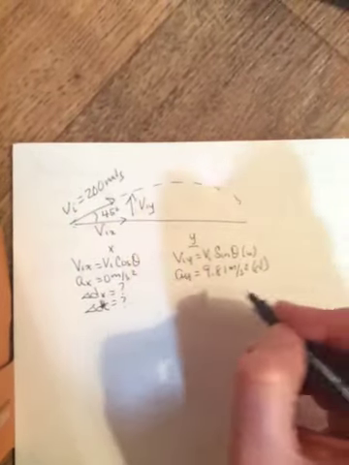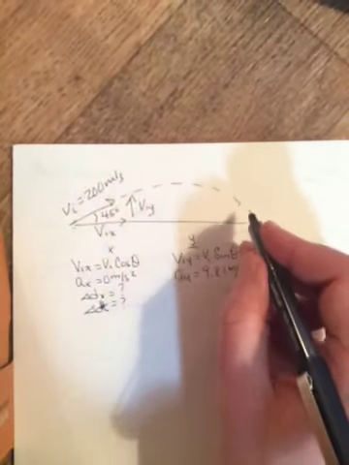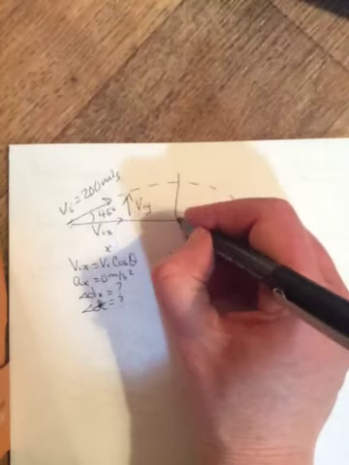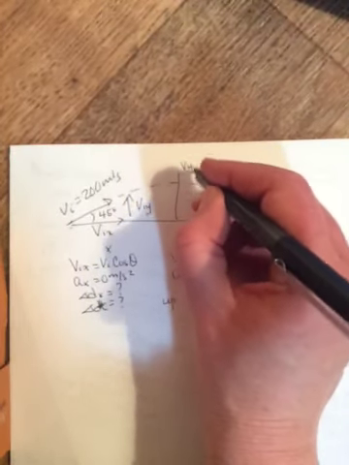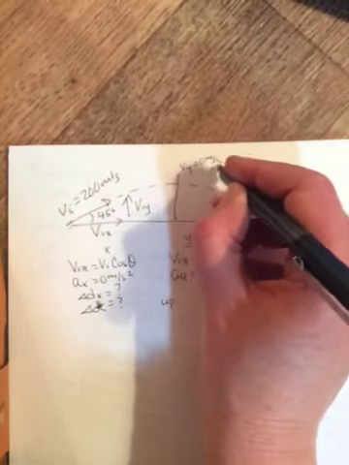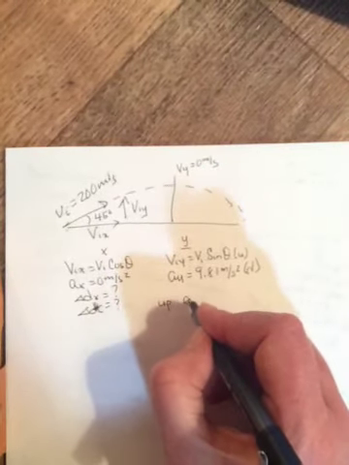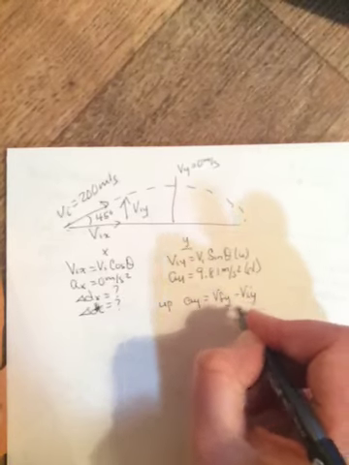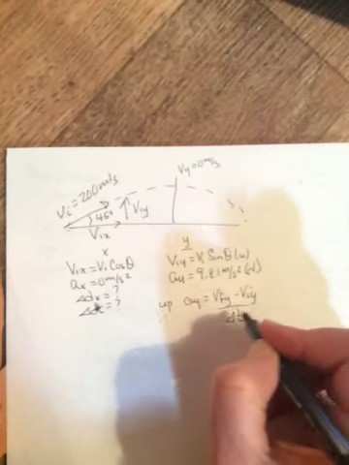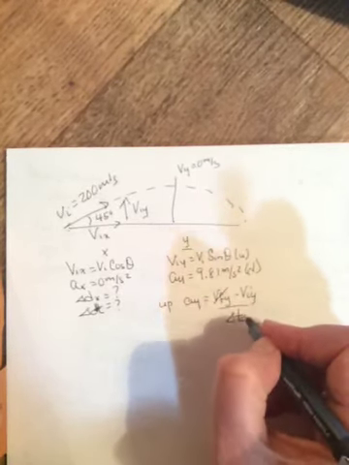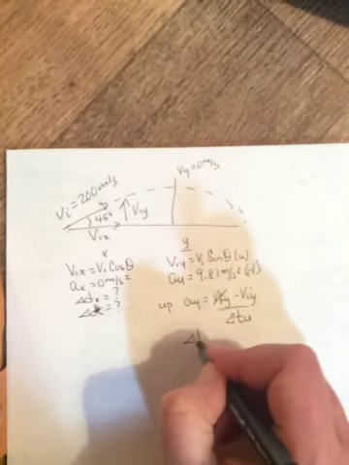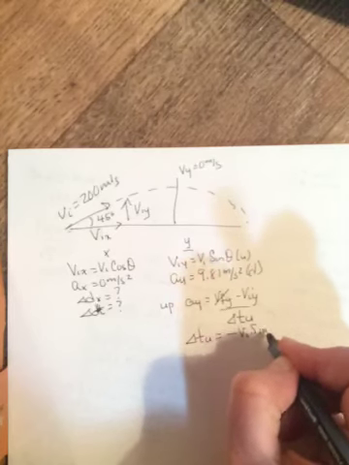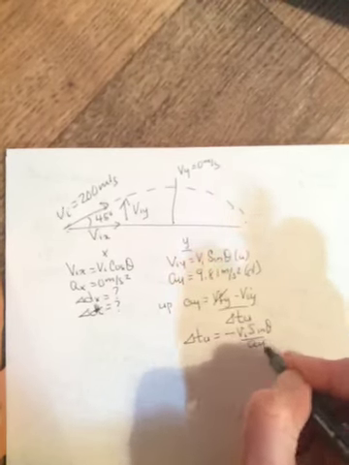And that's it. But when it's ground to ground like this, the key is to look at just the first half. And when we look at the first half, the VY here will be 0. And so we look at AY is equal to VFY minus VIY over delta t. But if we're looking at just the first half, the VFY is 0 and this is t up. So delta t up will equal negative VI sine theta over AY.